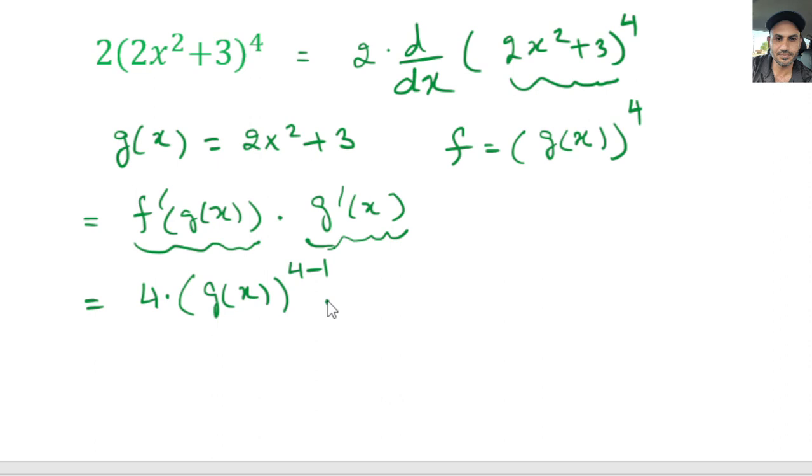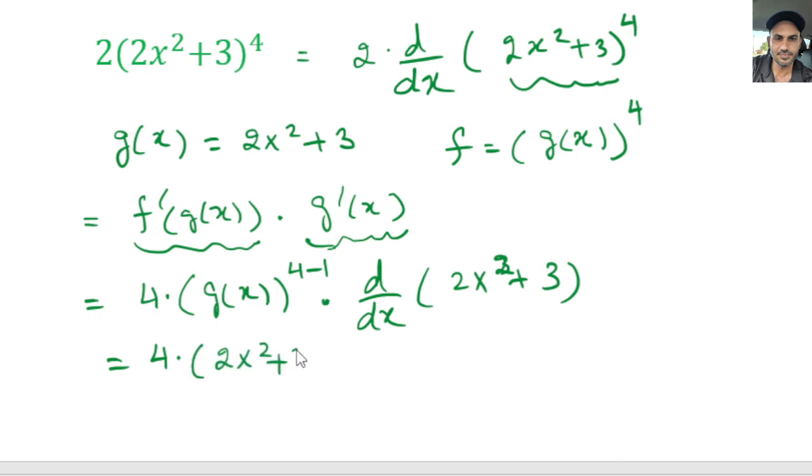So this is the derivative f prime of g of x. And g prime of x is going to be the derivative of this portion, g of x. I'm just going to write it as d over dx, and I'm not going to take the derivative in this step. So here 4, and now we substitute the expression for g of x: it's 2x squared plus 3, and 4 minus 1 is 3.